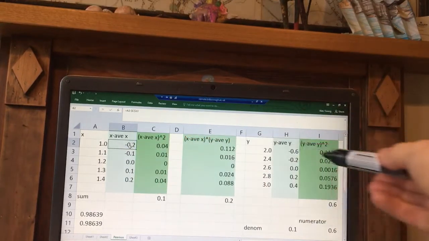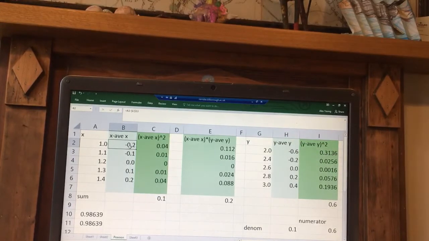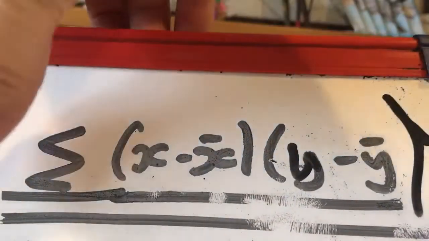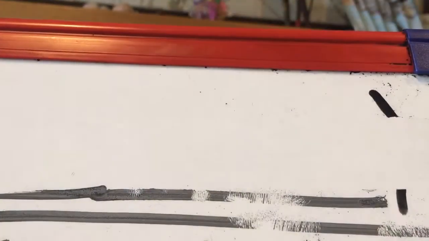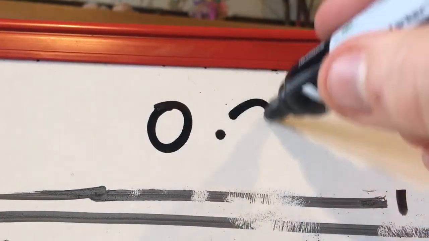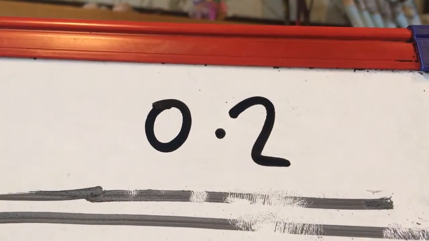And I've done that for each data point, and then I've added them all up. It's 0.2. So instead of the top line, I can just write 0.2. Okay?